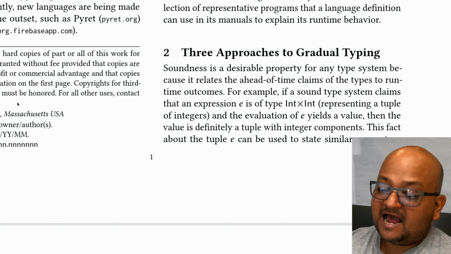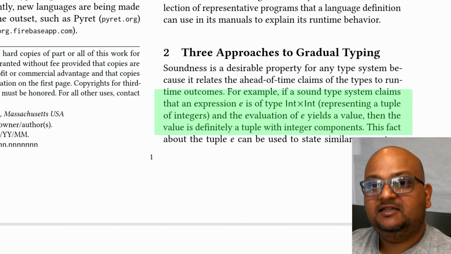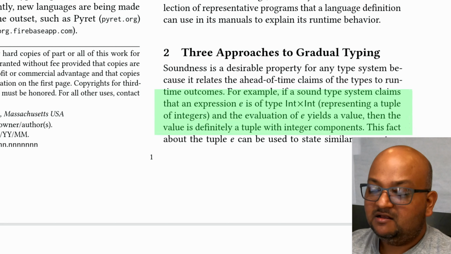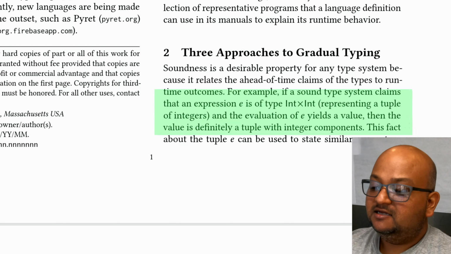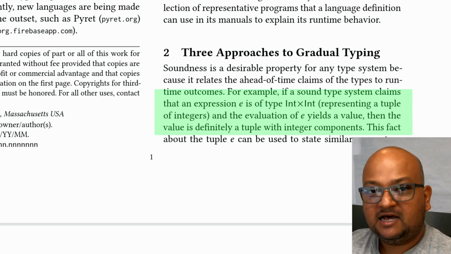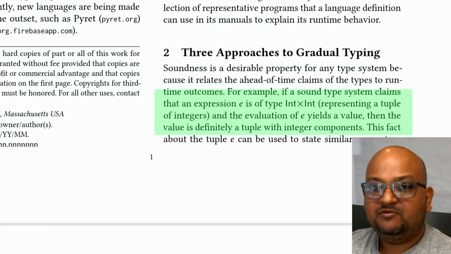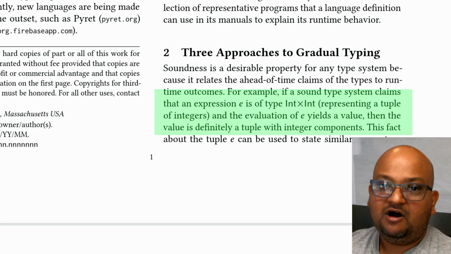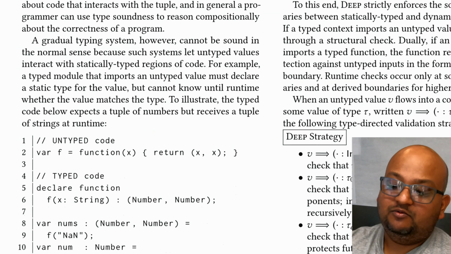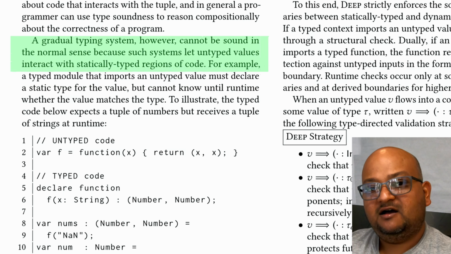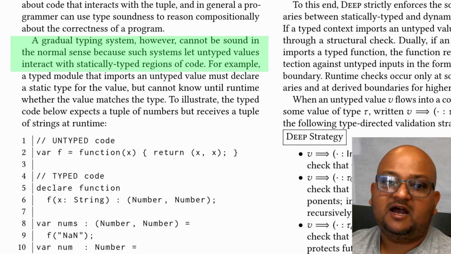In most statically typed languages, we have the property that they are type sound. That's the whole point of typing. And what that means is, if you expect a value to be of a certain type, when you evaluate an expression of that type, you are guaranteed to get a value of the expected type. With gradual typing systems, however, we're mixing untyped code with typed code.